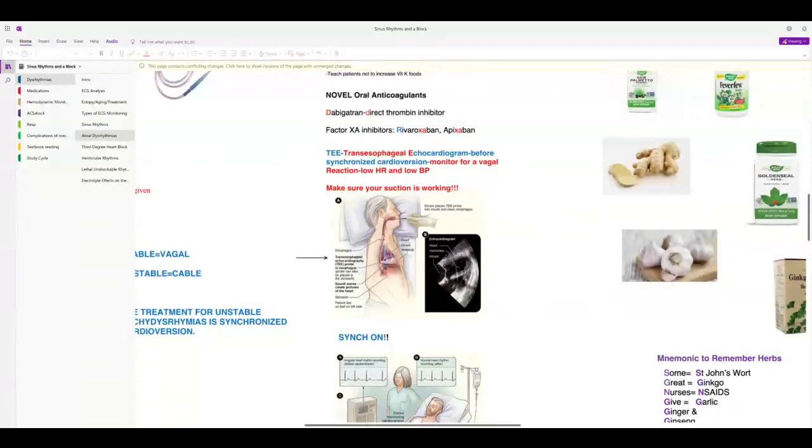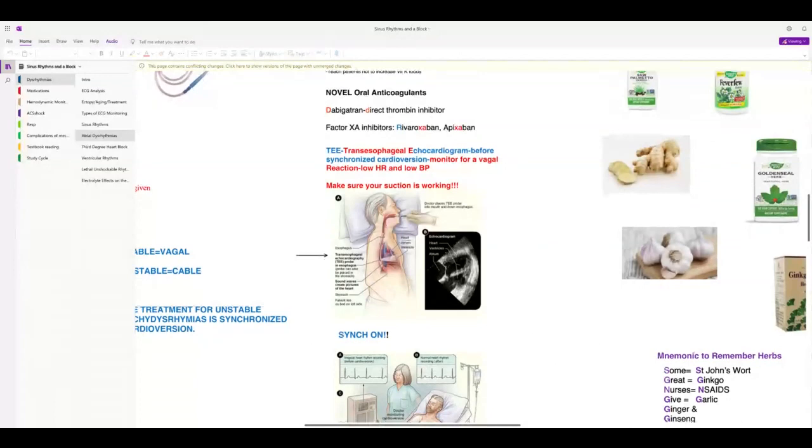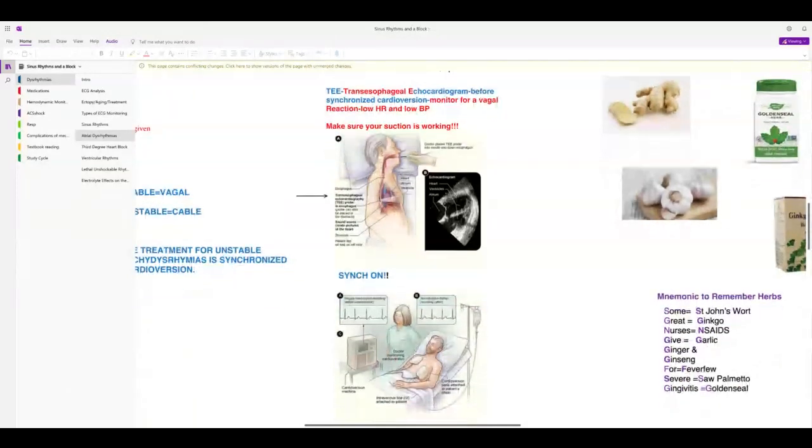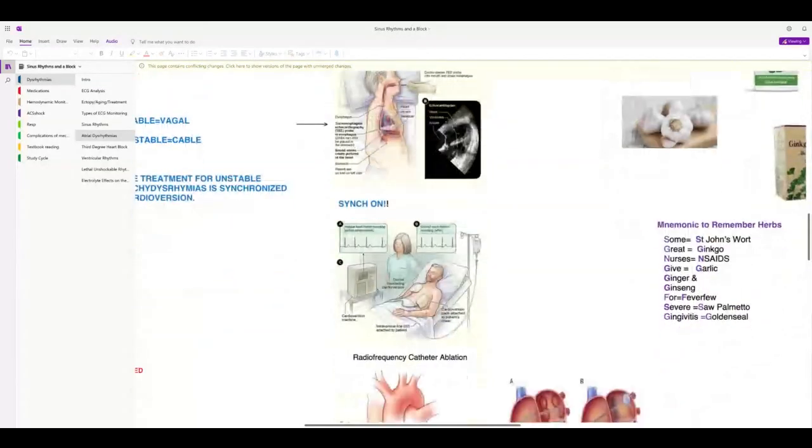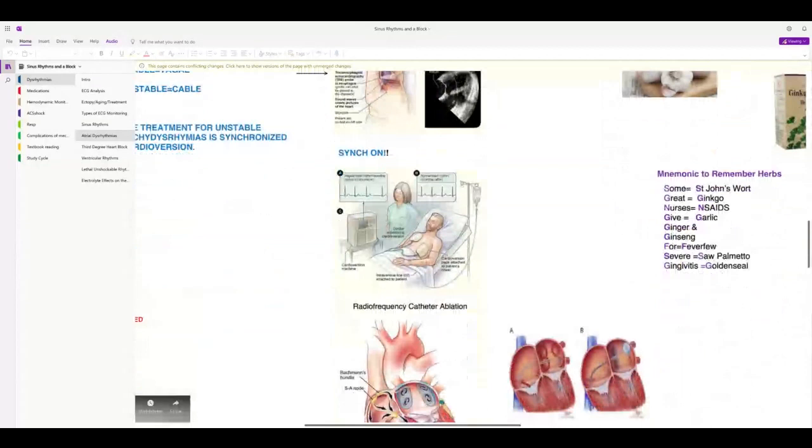Make sure your suction is working well. Before you do any procedure that involves conscious sedation, make sure your suction is working, not just that it's put together, like actually turn it on and put your finger on the end of it to make sure it's sucking, okay?